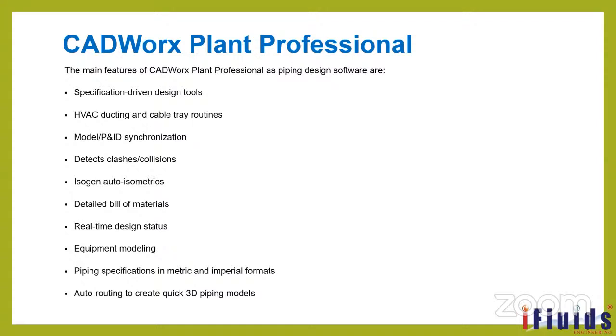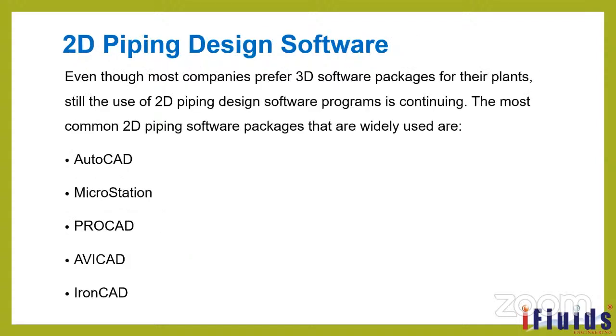It suggests the piping routing on its own; we need not feed everything. If we fix the start point and end point from one vessel nozzle to another, it will automatically lay the pipeline, and we can modify the routing according to our process requirement.